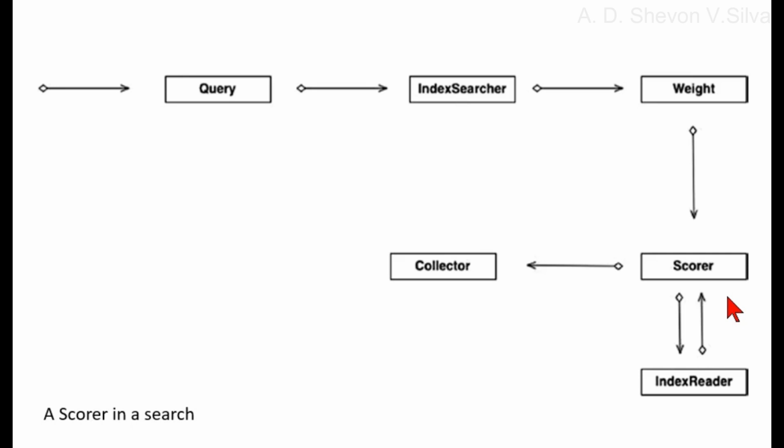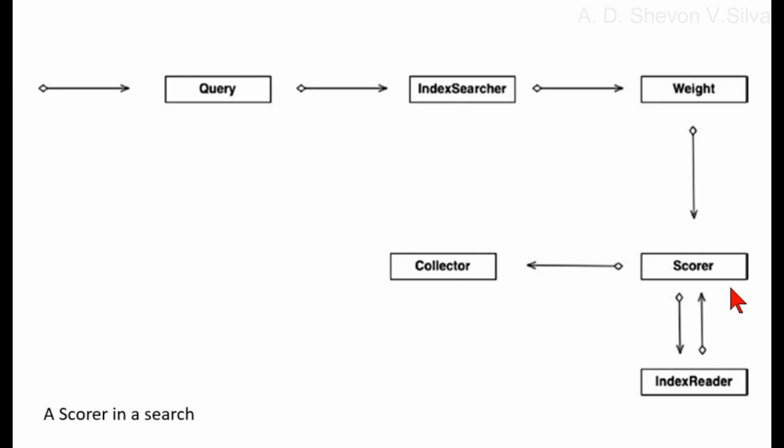The scoring algorithm can be anything that the user chooses to implement or use, but typically is a version of the term frequency inverse document frequency, TF-IDF, family. Scorer interacts with the index reader to get relevant details from the underlying file directory. If a term vector is present, the scorer can choose to use features from that as well to calculate the score for the document. Scorer is expected to return a score per document it iterates on.